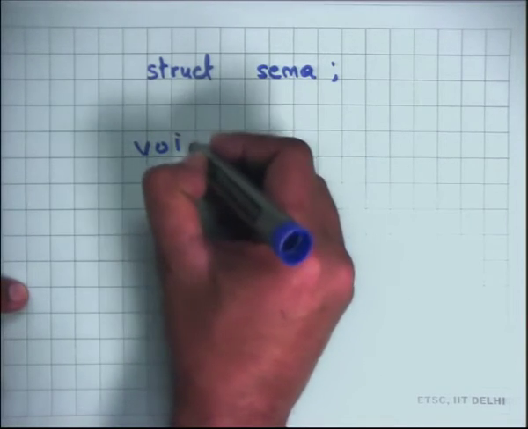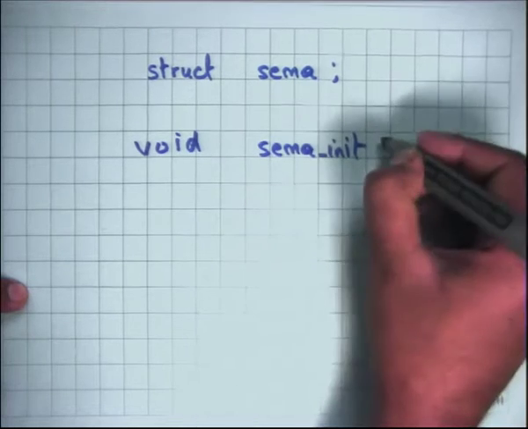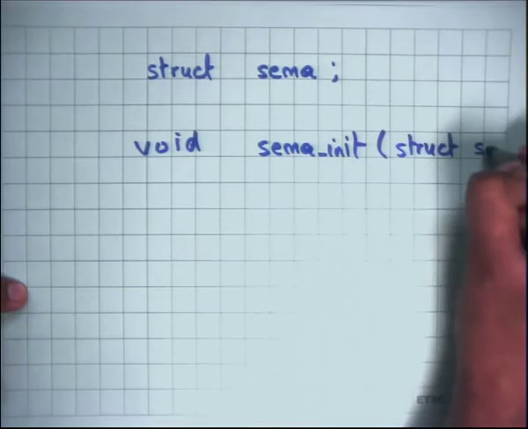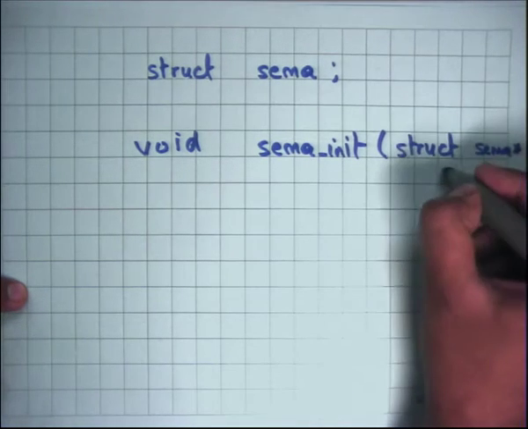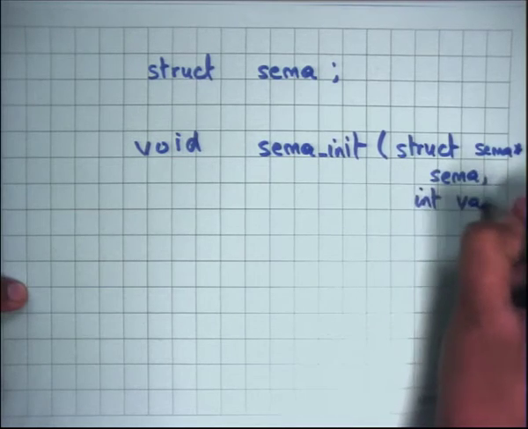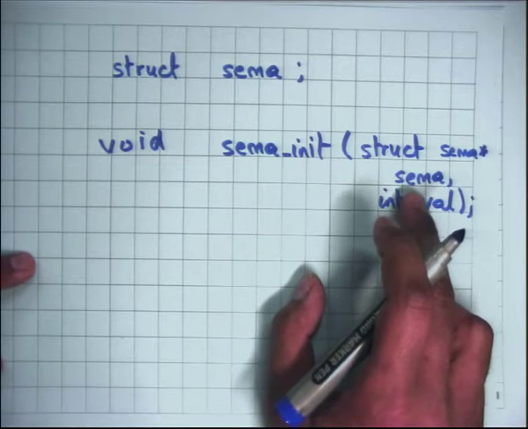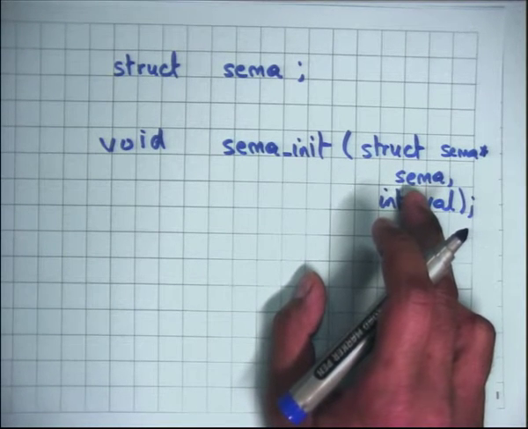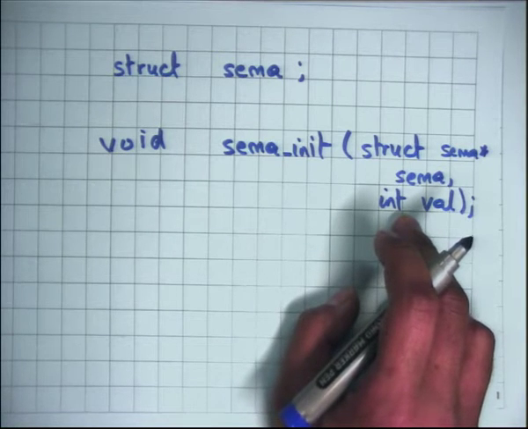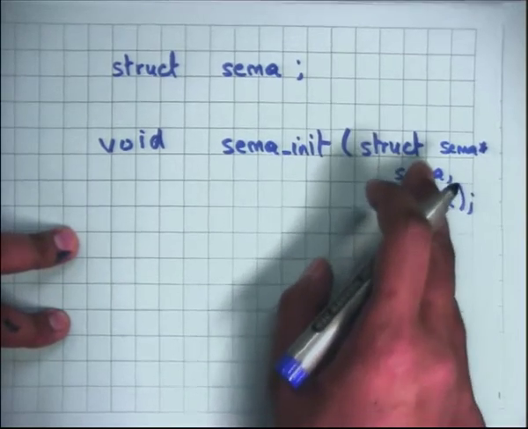There is void sema init, which takes a sema and an int val. So sema init takes the first argument as the semaphore variable sema, and the second argument as an integer value, and it sets the counter inside sema to be equal to value.